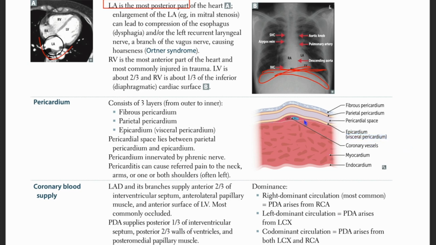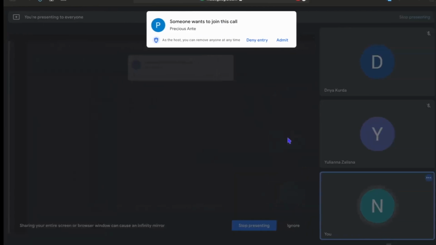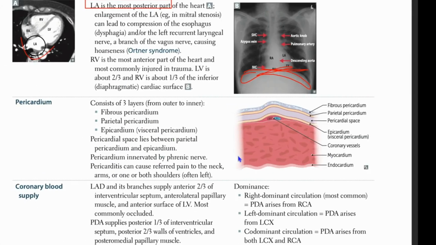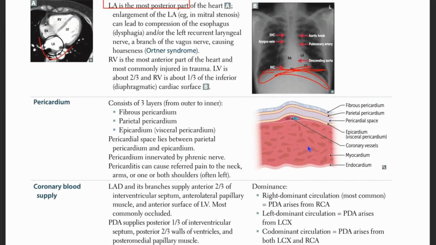You have the coronary vessels on the inside, between the myocardium and the epicardium.